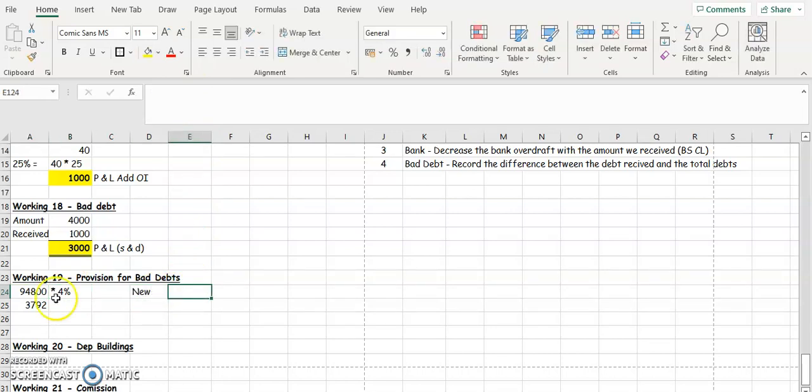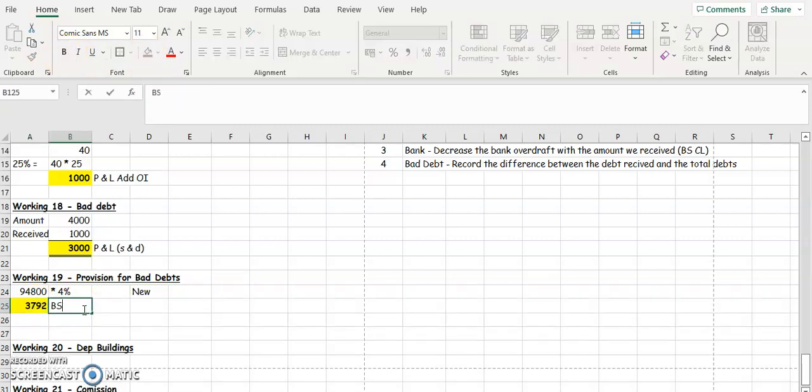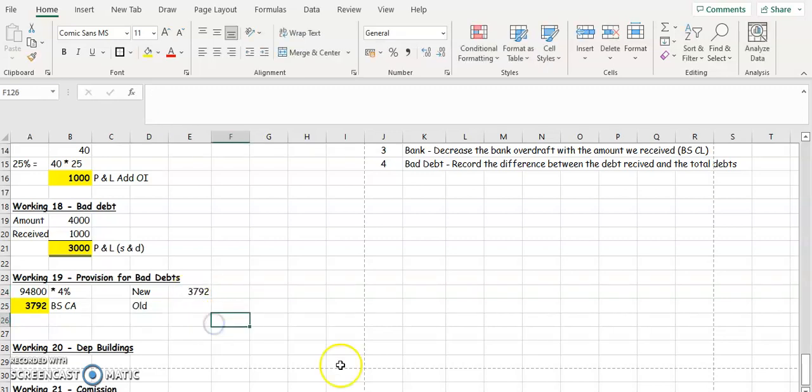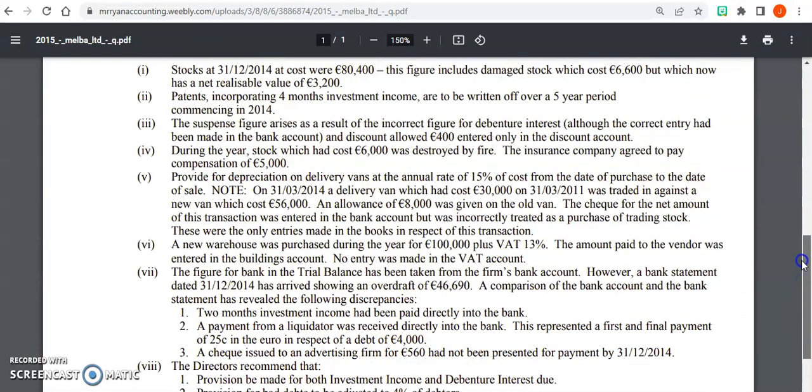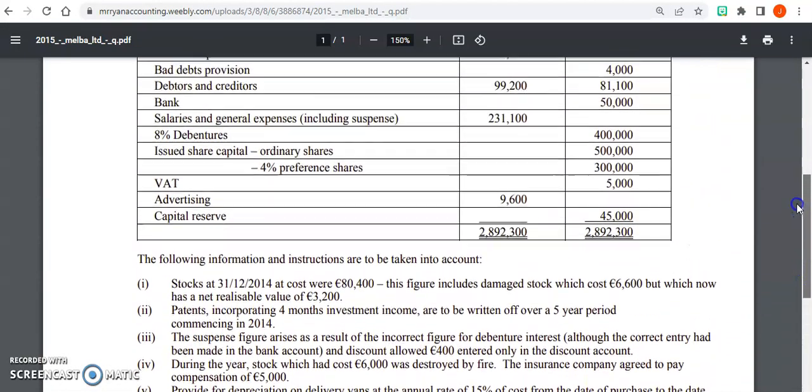So you want to see: is this an increase or decrease? That's going to go into your balance sheet as a current asset, taken away from your debtors. So our new provision then is 3,792. We're going to see whether this is an increase or decrease, so we go to our trial balance and have a look for a provision.